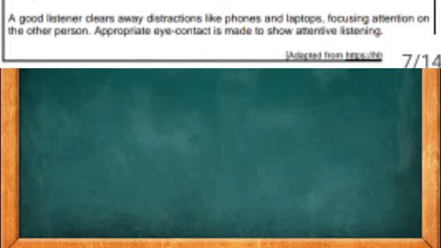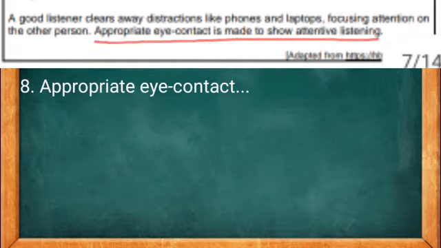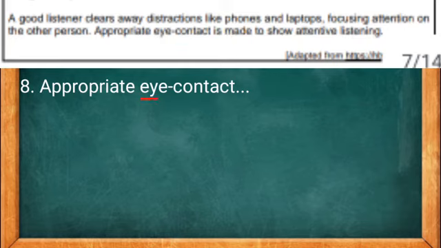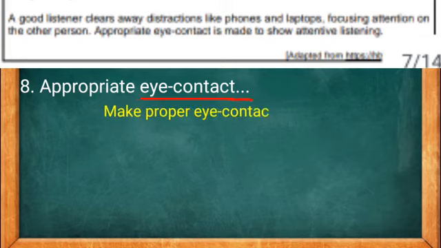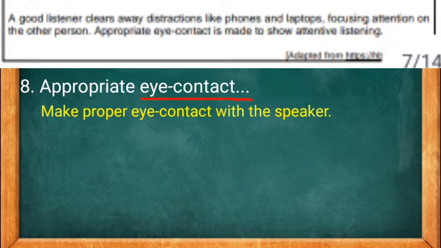The last part is appropriate eye contact is made to show attentive listening. There's a point there about eye contact. The point can be written this way: make proper eye contact with the speaker.